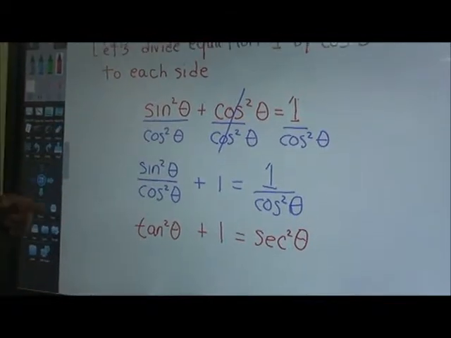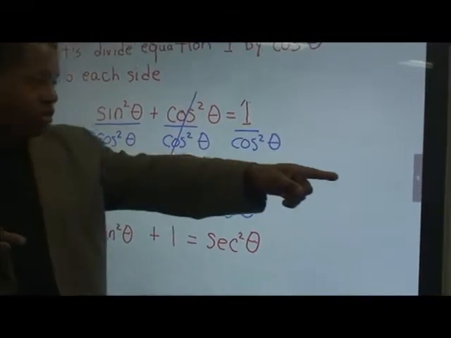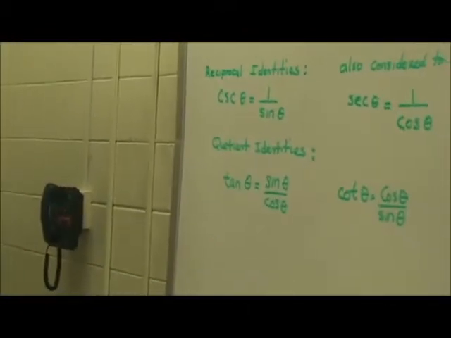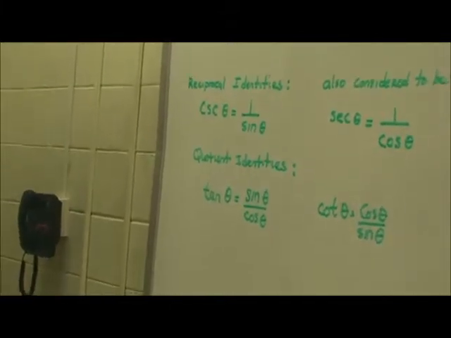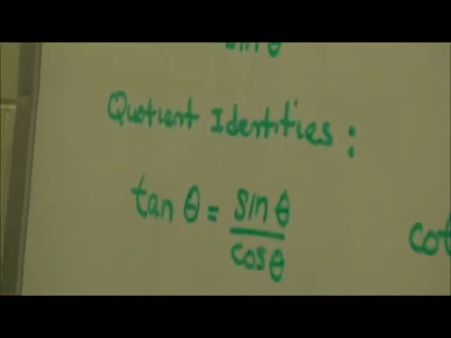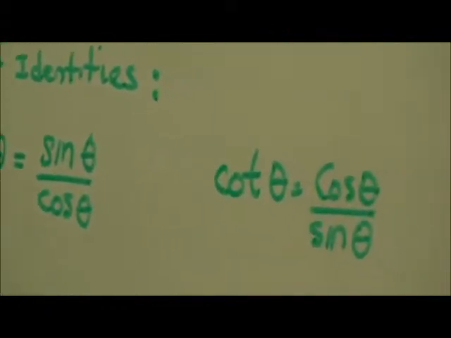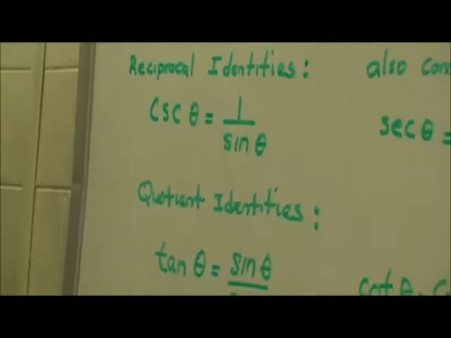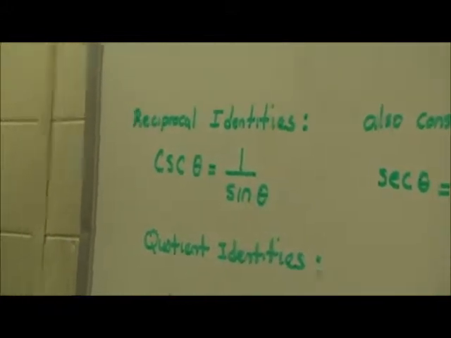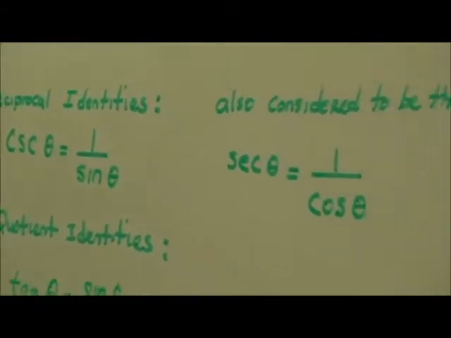And it comes from the original quotient identity, which is tan theta equals sine theta over cosine theta. And of course, secant squared theta is equal to 1 over cosine squared theta. That comes from one of the original reciprocal identities, which is secant theta is equal to 1 over cosine theta.